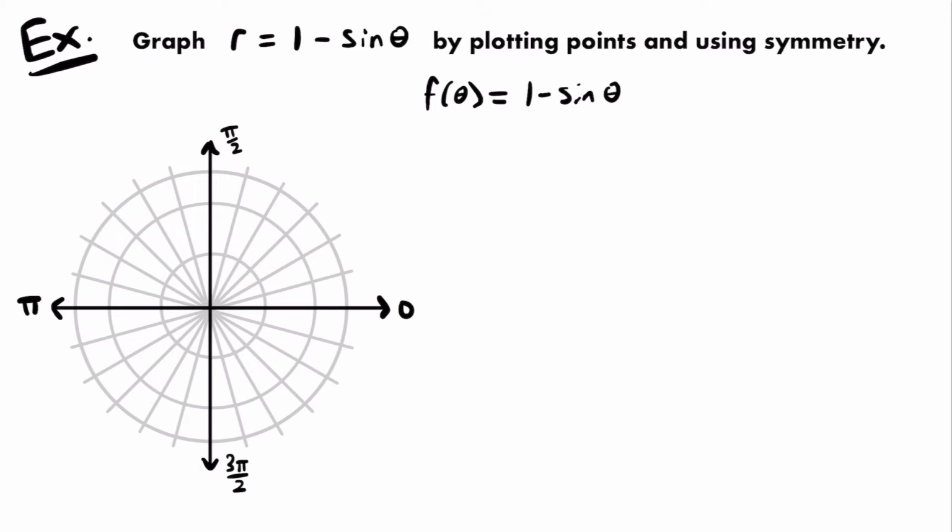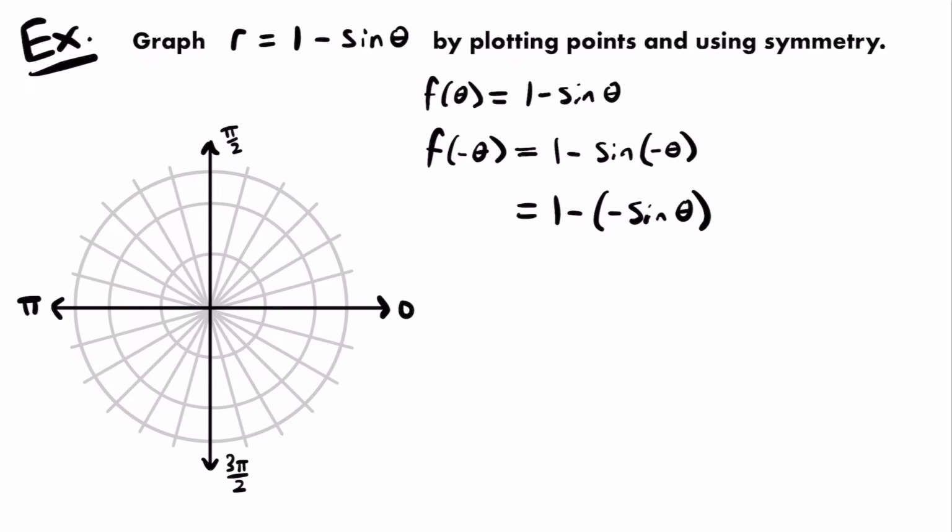So if we plug in negative theta, we'll have f of negative theta is equal to 1 minus sine of negative theta. Now, if you're not familiar with your trig identities, there is a way to rewrite sine of negative theta. We know that sine of negative theta is equal to negative sine of theta, right? So we could rewrite it like this. This is equal to 1 minus negative sine theta.